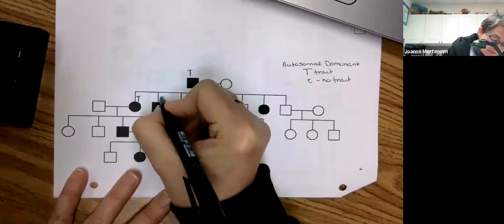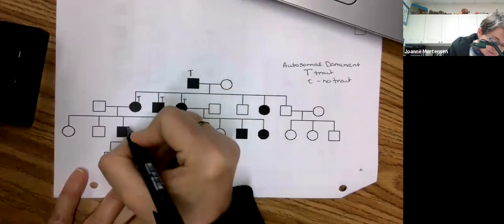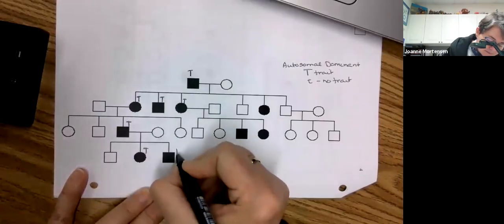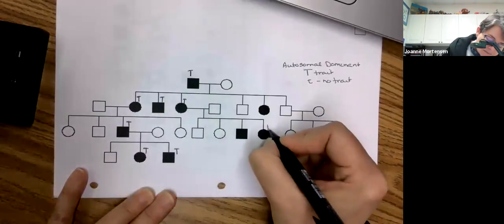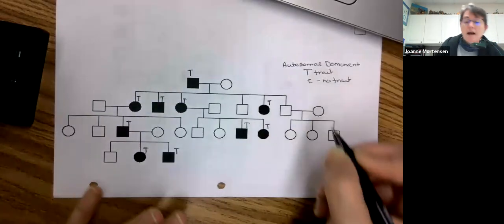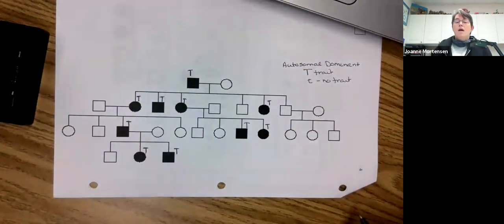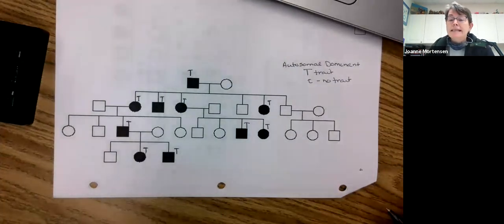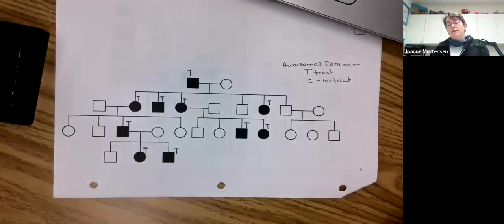So I'm going to go through. Everybody that's colored in gets a capital T. I don't know what else they got. Maybe they are homozygous, maybe they are not. I have no idea at this point, but I know they have the trait.